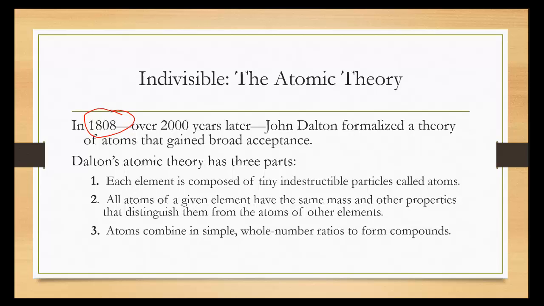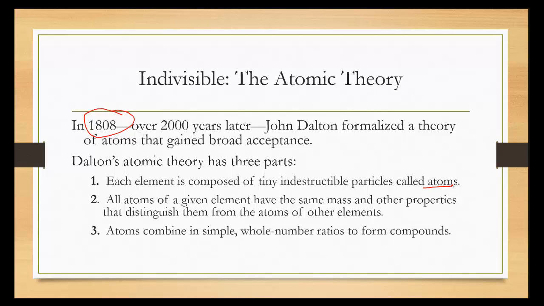Each element is composed of tiny indestructible particles called atoms, just like what Democritus had said. We know now that we can actually destroy an atom, such as in the atomic bomb, by breaking apart the nucleus, or just the fact that it has different parts in it, such as protons, neutrons, and electrons.